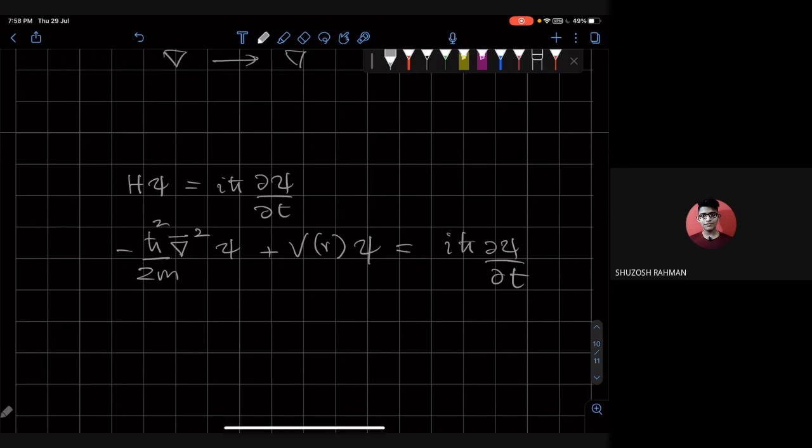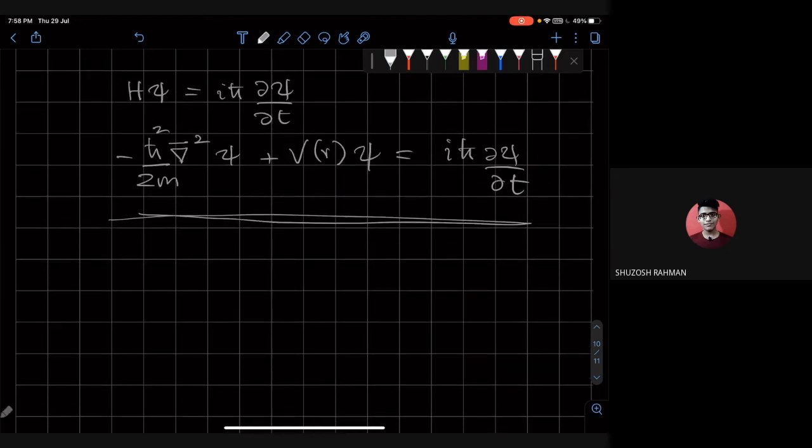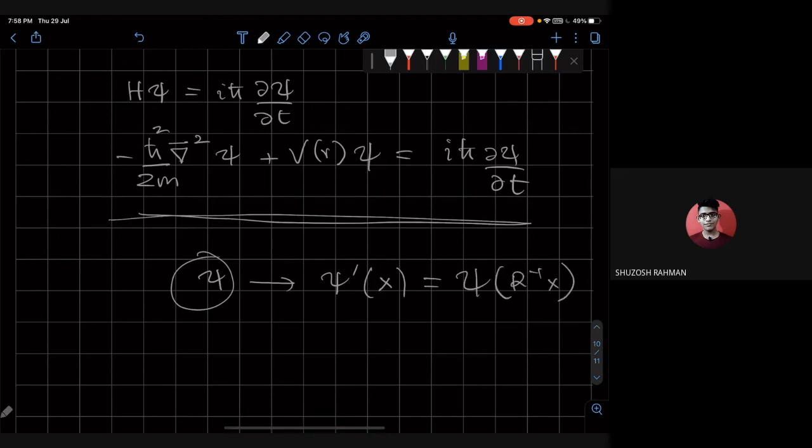And we see that this is a rotationally invariant equation, right? Now, how does psi transform under rotation? Because it's a scalar quantity, psi should go to psi prime of x, which depends on the old psi by R inverse acting on x, okay?